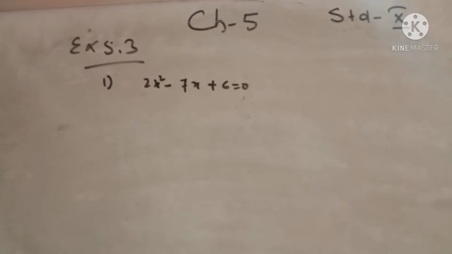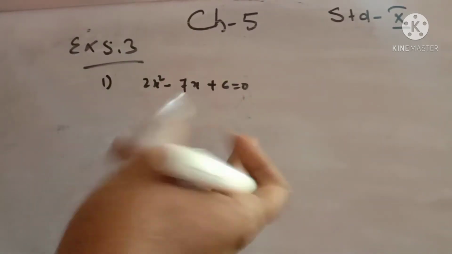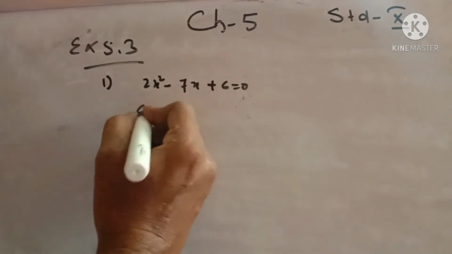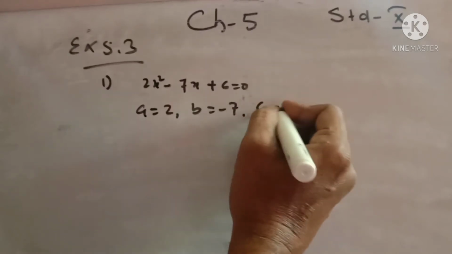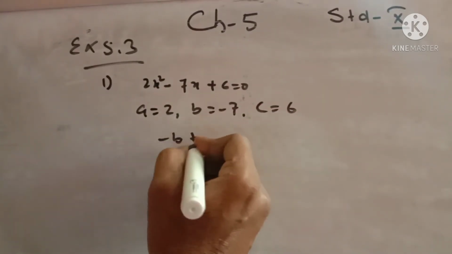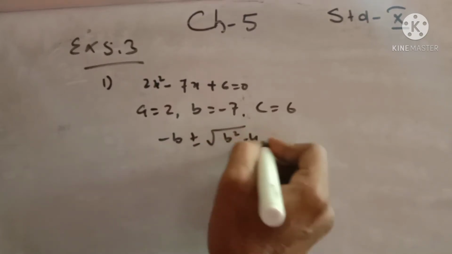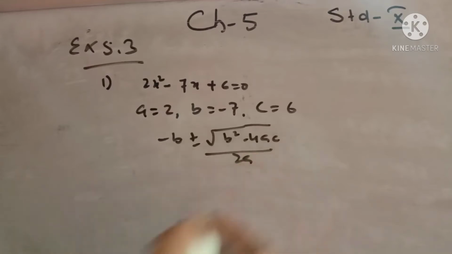Yes, 5.3, question number 1, 2x square minus 7x plus 6. This question we have to solve by formula. Here a is given 2, b is given minus 7 and c is given 6. As we know, minus b plus minus under root b square minus 4ac, or directly you can find the discriminant, all divided by 2a.